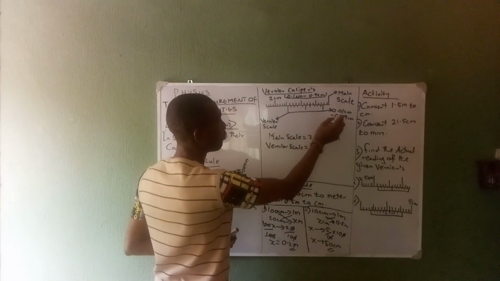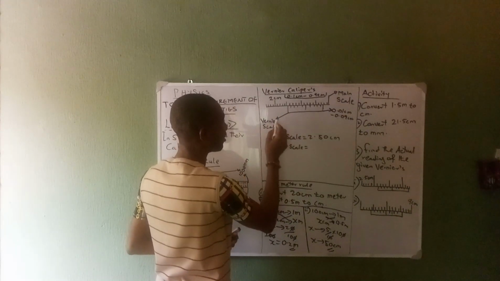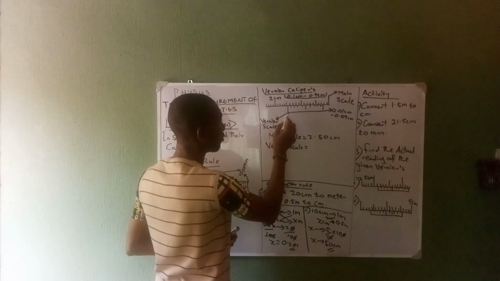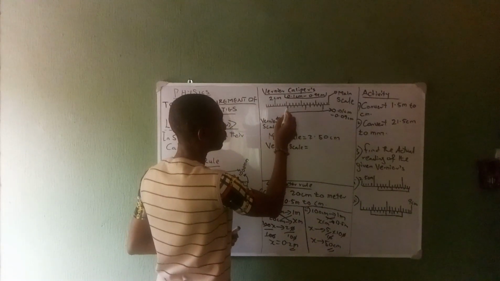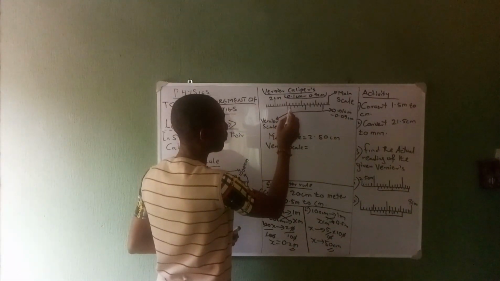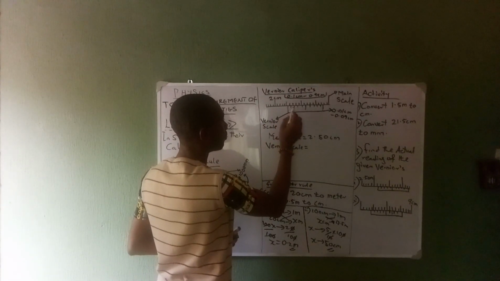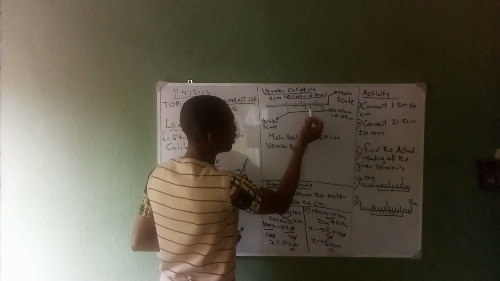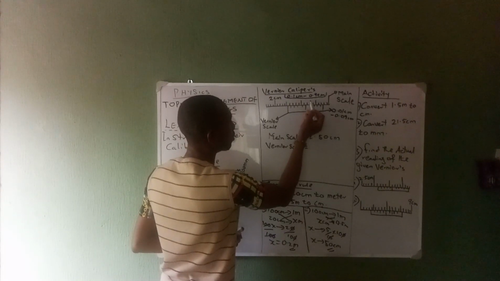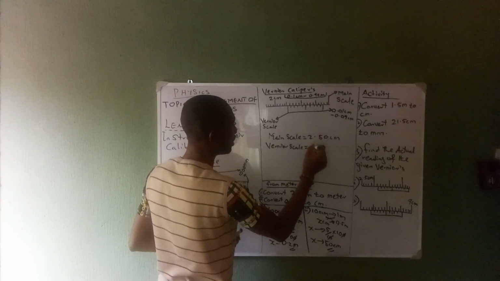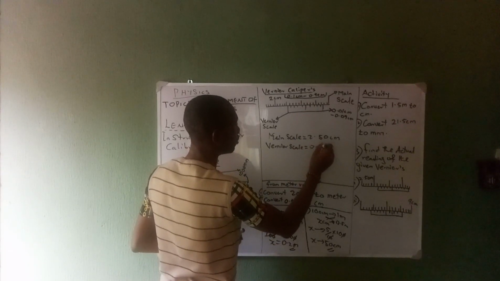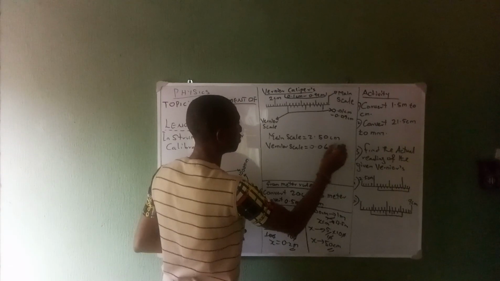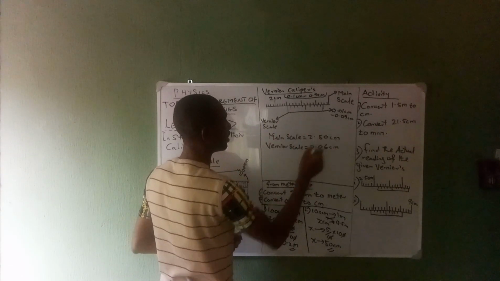So if the standard reading is 0.01 centimeter, you take from here, if this is the vernier scale reading, here will be 0.00, here 0.01, here 0.02, 0.03, 0.04, 0.05, then at 0.06 you will see that the vernier scale has contact with the main scale. So here should be 0.06 centimeter. That is your vernier scale reading.